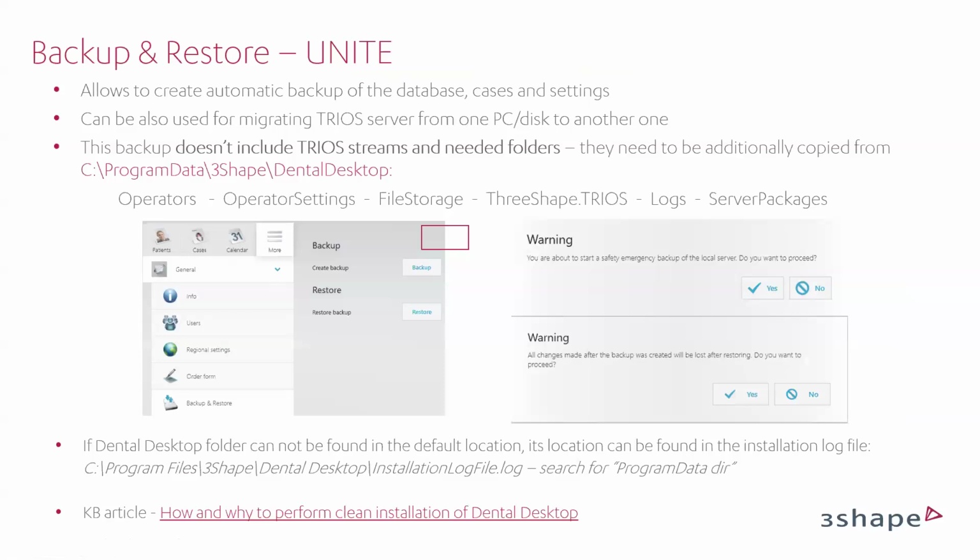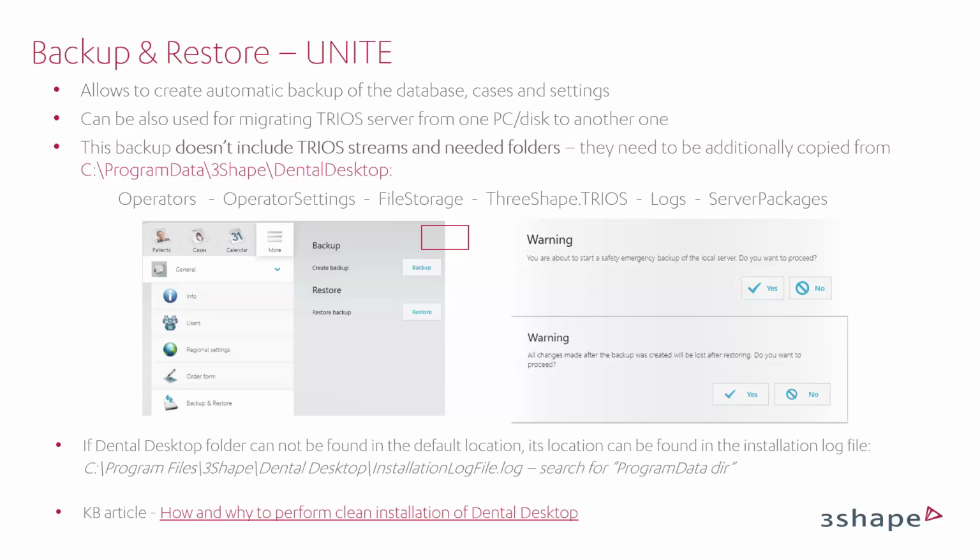How to proceed with the data backup and restore? As mentioned, our software allows creating the automatic backup of database cases and settings. It can also be used for migrating the Trias server from one PC disk to another one.